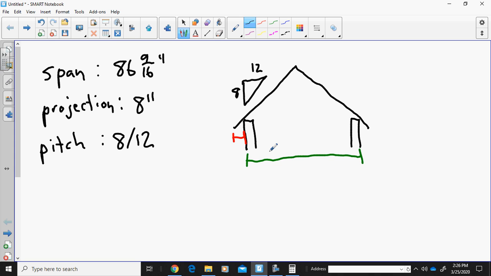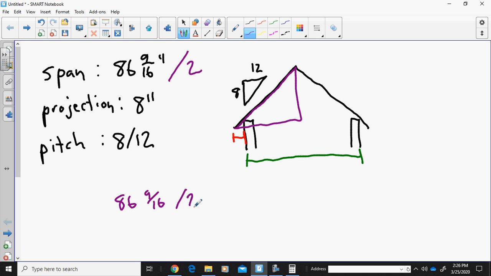Okay, so how are we going to do that? So we're going to focus in on this triangle right here. So remember, we're going to take half the span. So we're going to do 86 and 9/16.